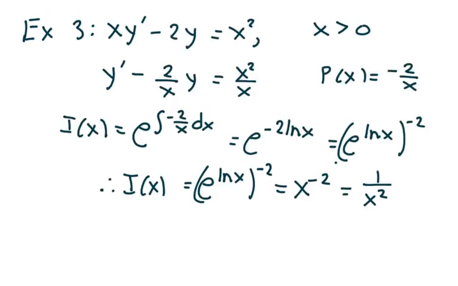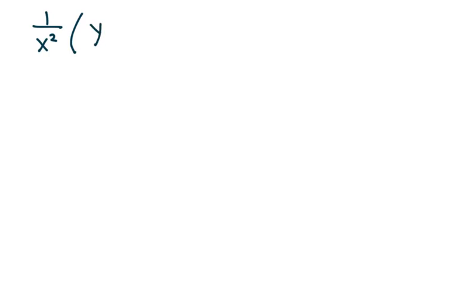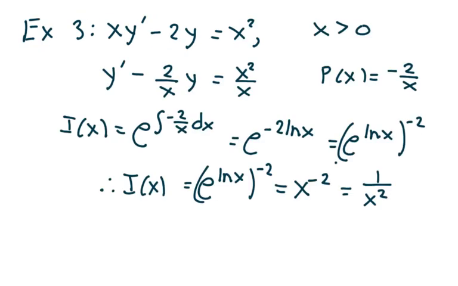So I'm going to multiply both sides by 1 over x squared. So we get 1 over x squared times y prime minus 2 over xy. Now, that's on the left side. On the right side, now, by the way, this is just x, right?